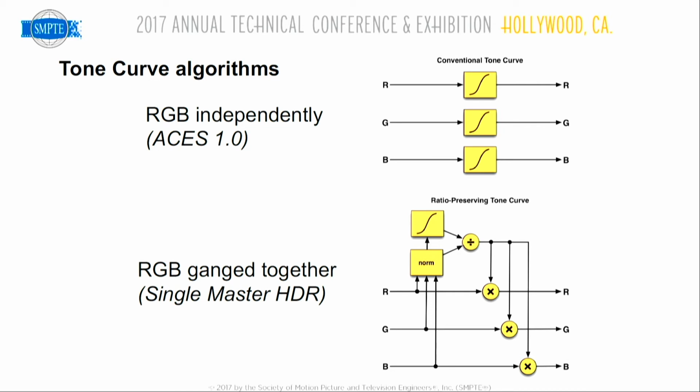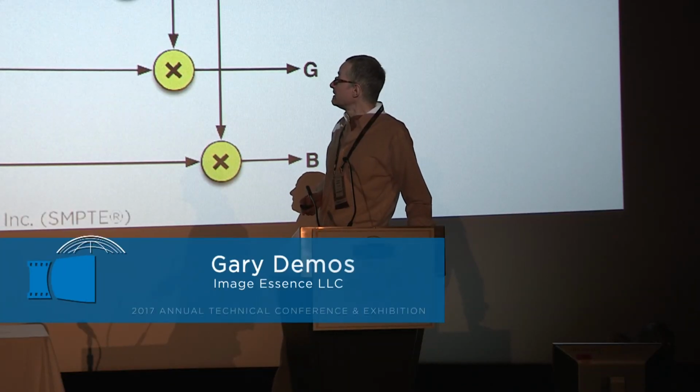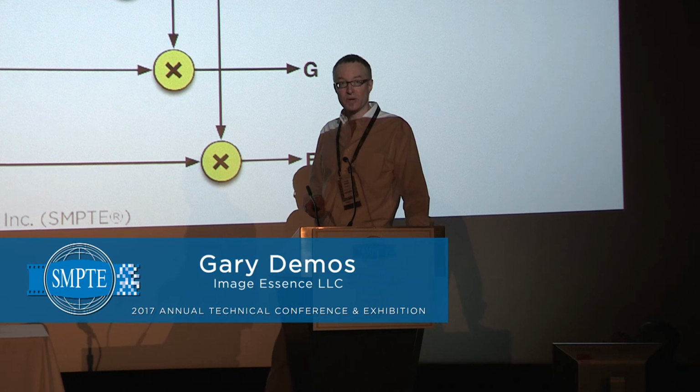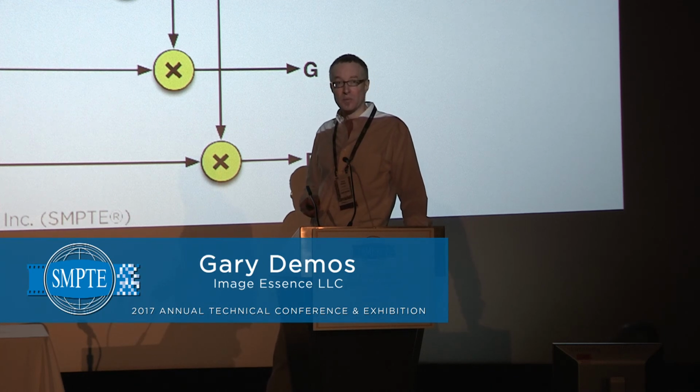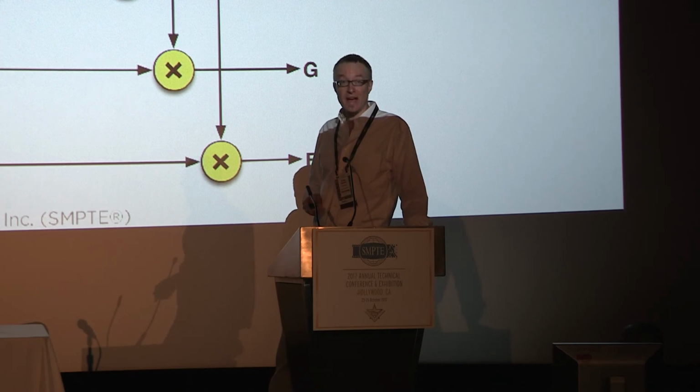So on the top, I'm showing the conventional tone curve where you apply the S-shaped curve to the red, green, and blue channels independently. And on the bottom, we're showing the ratio-preserving tone curve. The idea here is that you combine red, green, and blue into a single number using a function we call the norm, and you send that through the S-shaped curve.